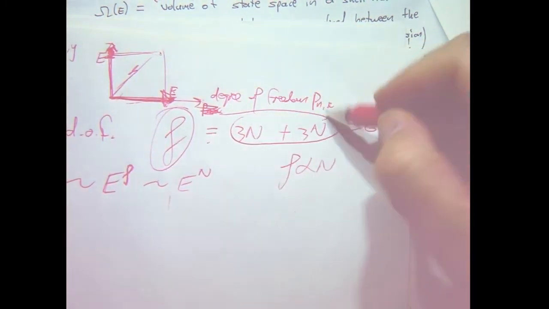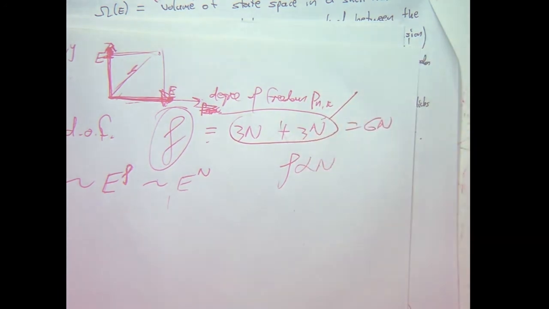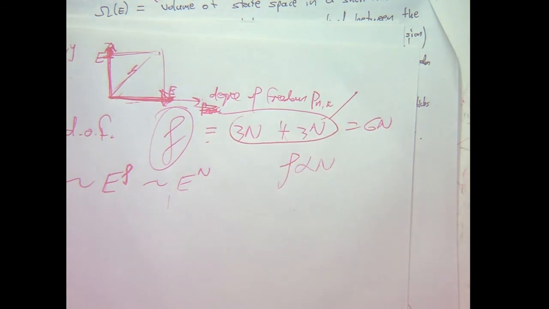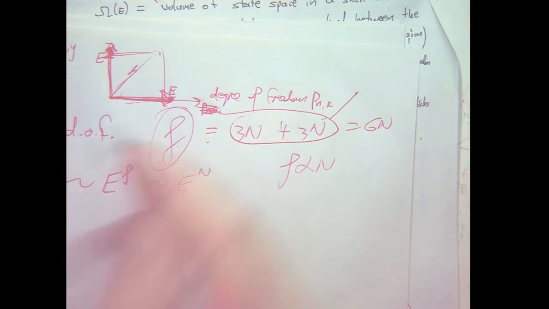This is actually for, I'm talking about an ideal gas here. The degrees of freedom. See, the thing is that a gas particle can have motion in the x direction and y direction and z direction.